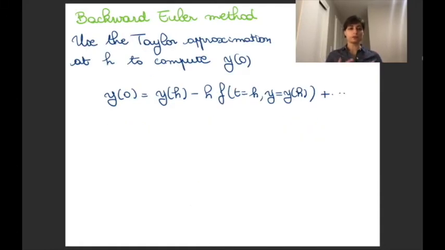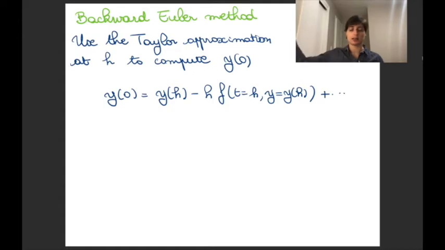But we can also use the Taylor approximation around h to compute y0. So we are inverting y0 and yh in the previous formula. Now we have y computed at 0 is equal to y computed at h minus h times y prime computed at h. Y prime computed at h can be rewritten as f, where t is equal to h and y equals to yh.